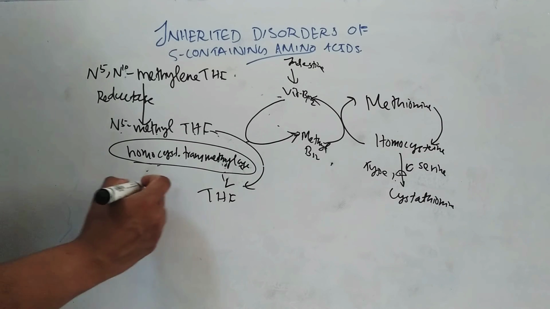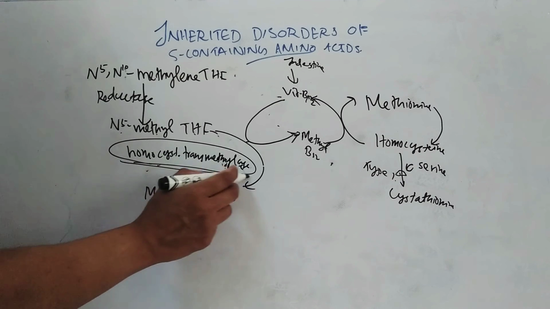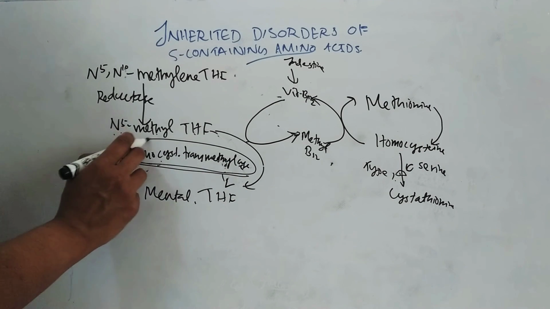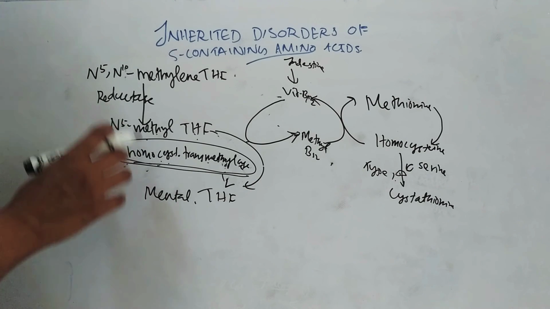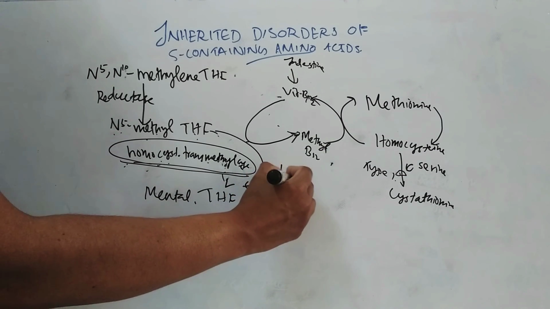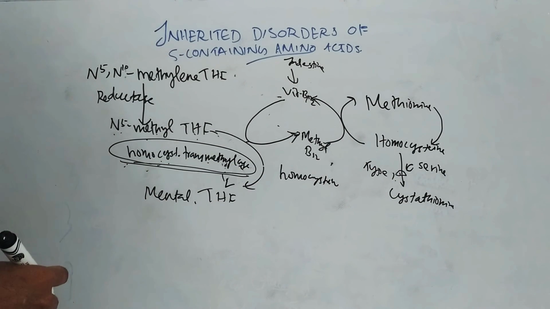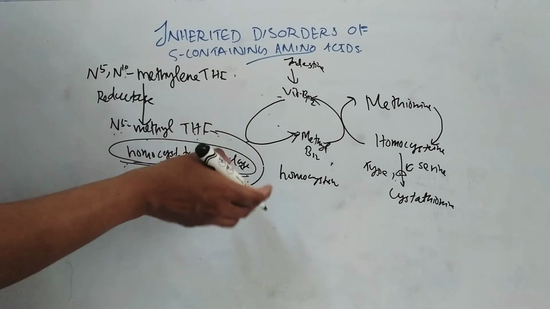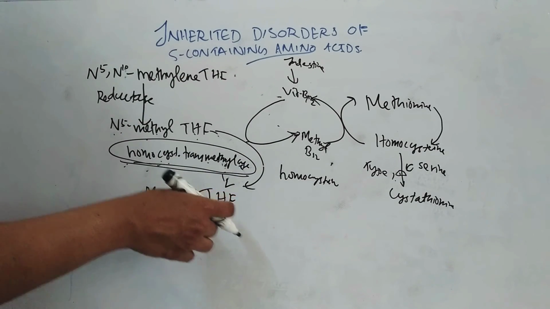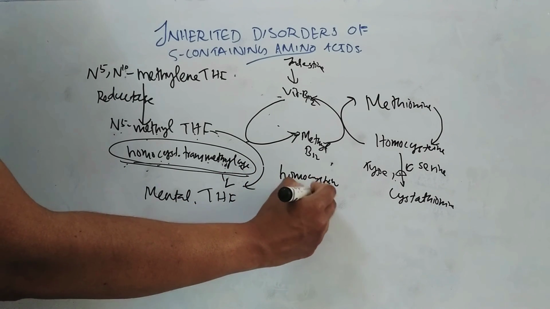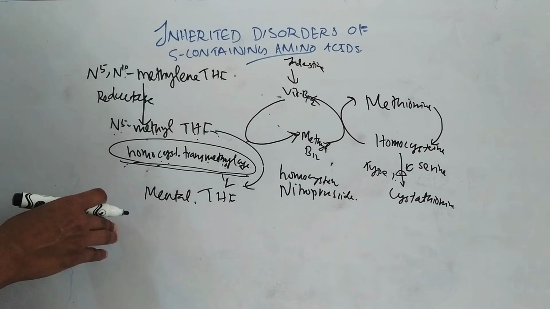Clinical features include mental retardation. Blood shows increased level of homocysteine, because homocysteine cannot be converted to methionine. So increased homocysteine and homocystine are excreted in urine. Here also nitroprusside test is positive. That is type 2.